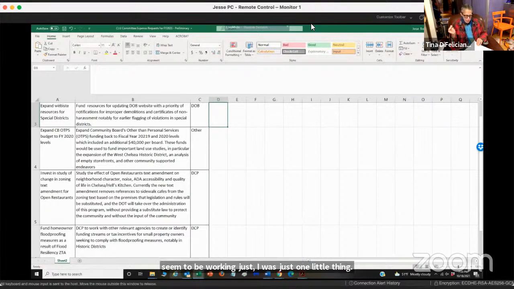The other thing I was wondering is whether we might include in that website, in some way, empty storefronts, and maybe even office space, where landlords are willing to rent below market prices and give favorable terms to BIPOC and women-owned businesses.